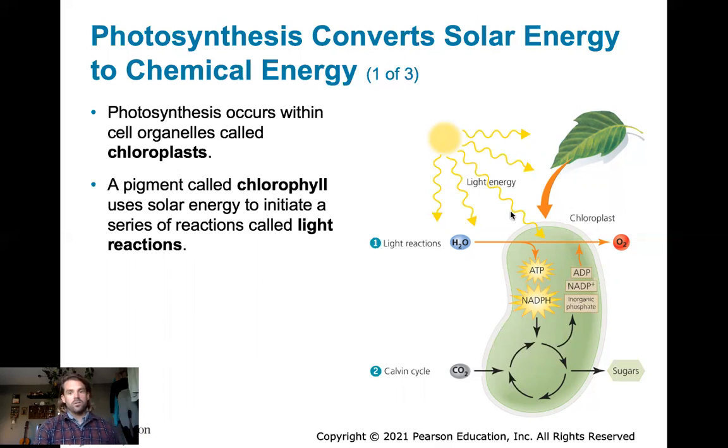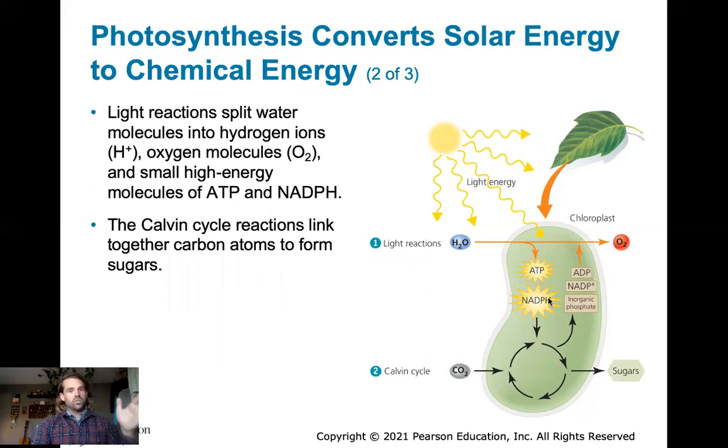But what I do want you to know is that light energy interacts with water, and through the process of photosynthesis, what you end up with is sugars and oxygen as an output. Okay, so light reactions split water molecules into hydrogen ions, H+, and oxygen molecules, and they produce high energy molecules called ATP and NADPH.